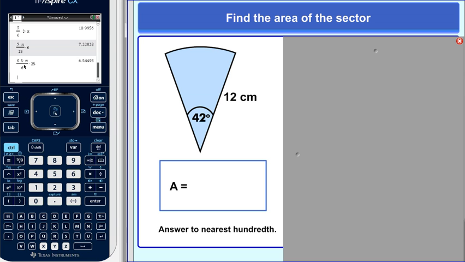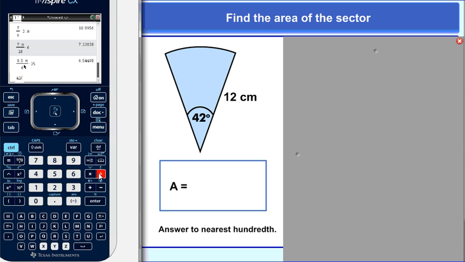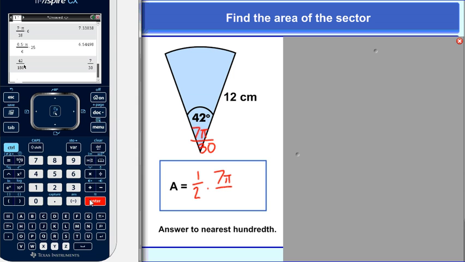So here we've got another sector, and we want to find the area, so we're going to do 42 divided by 180 to get our theta in radians. That's going to be 7 pi over 30. So we'll do 1/2 times 7 pi over 30 times the radius squared, so times 144.